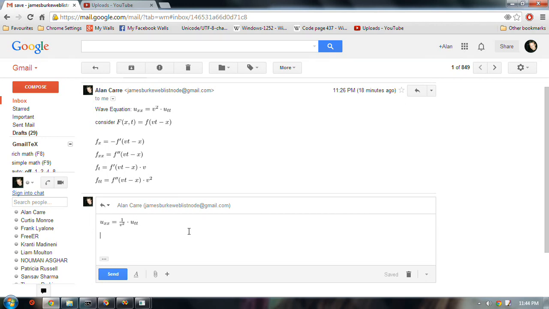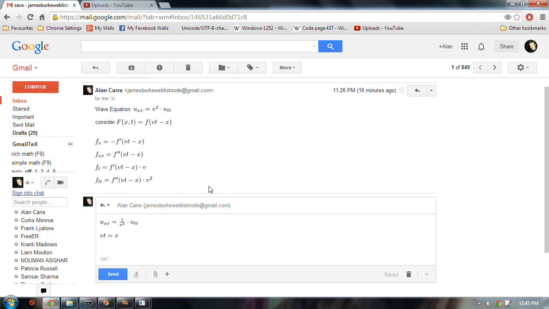If we wanted this thing to not change as we're looking at it, this would have to be true, right? Clearly, if these two things are equal, then the form of this function remains the same, right?